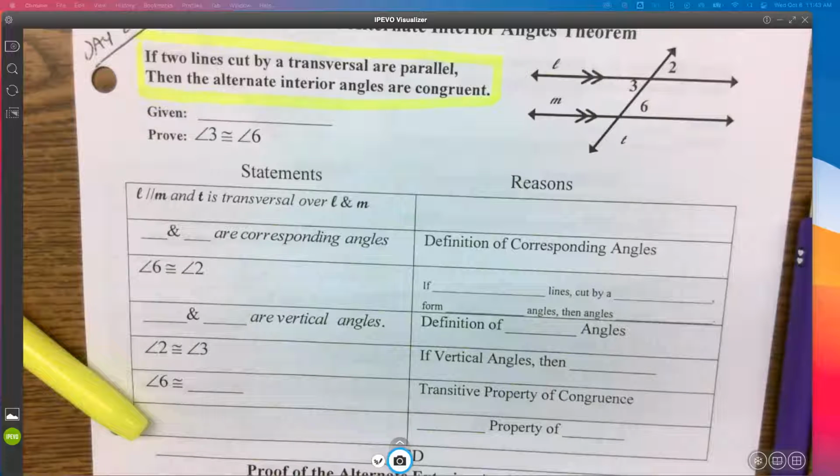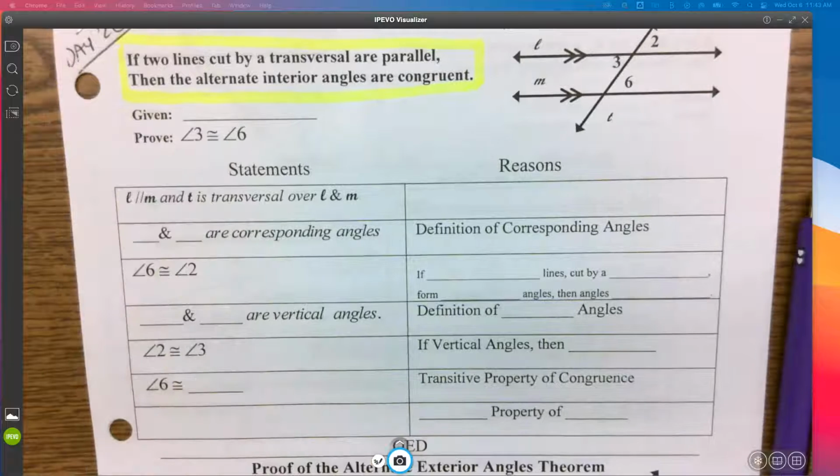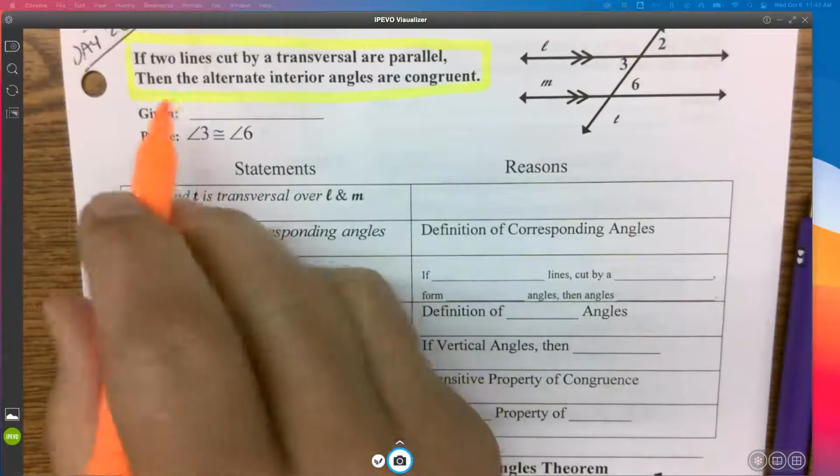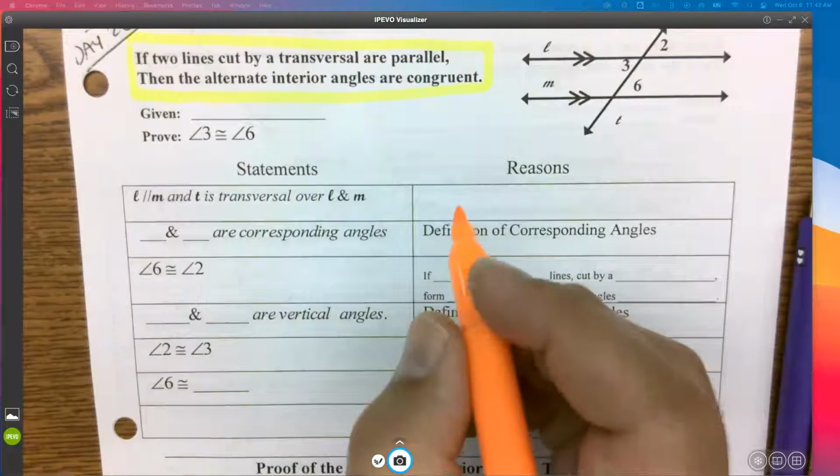Now you'll notice something about this theorem. How is it written? You notice it's an if-then. It's written as a conditional. If two lines cut by a transversal are parallel, then the alternate interior angles are congruent.